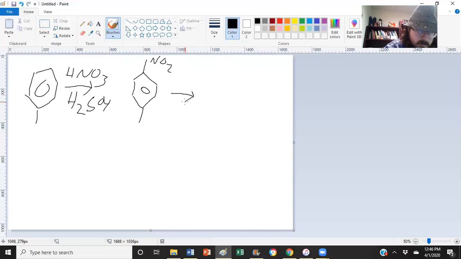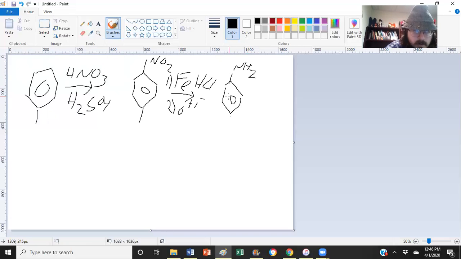In the presence of, say, our reductant with HCl, and then we use base to neutralize this, so we don't have ammonium, we want the basic form.